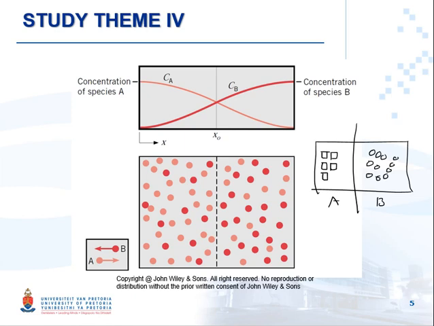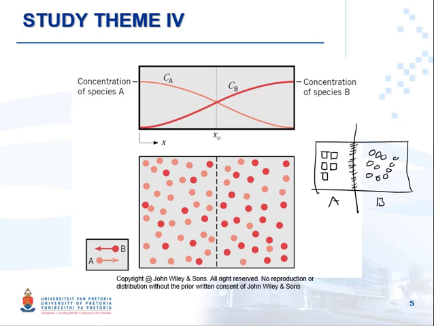A is the same. So if we remove this wall or layer between these two, what will happen is that we are going to have mass transfer from where to where, what side? So it's exactly the same as heat transfer. If you remember, heat was transferring from a surface with a higher temperature to the surface with the lower temperature.